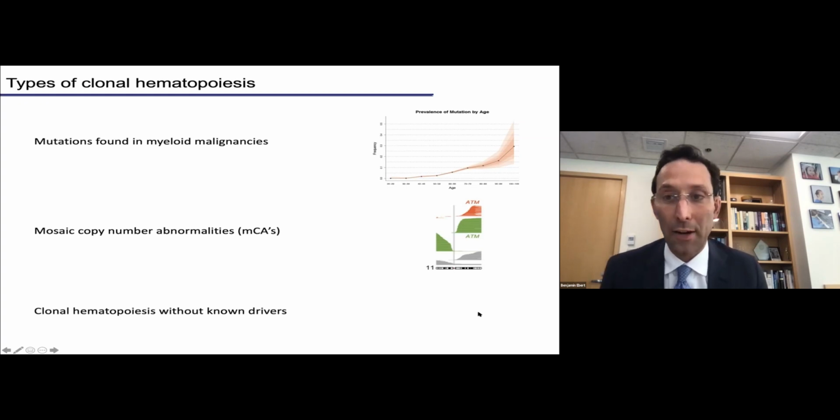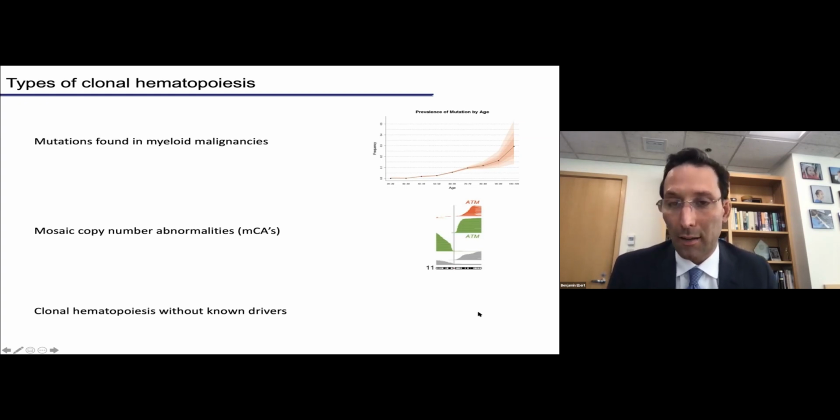We know that that is very common, occurring in about 10% of everybody by the age of 70, at least amongst those with large clones with a variant allele fraction of at least 2%, which is what we call CHIP.